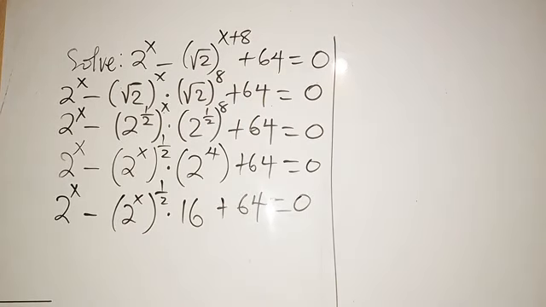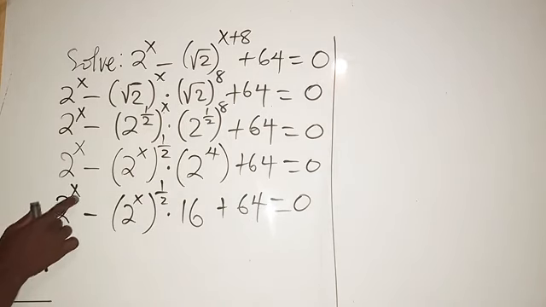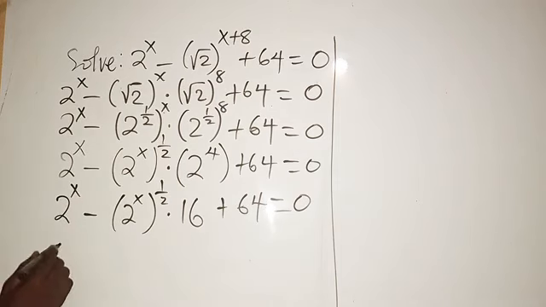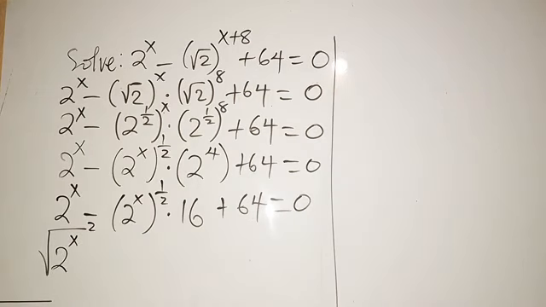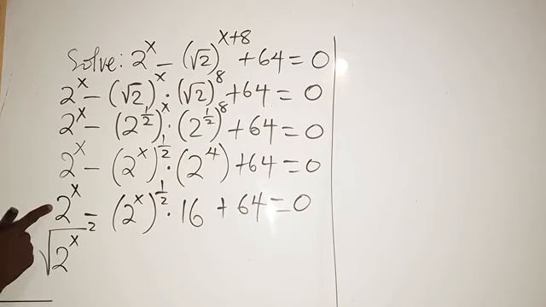Now the next thing we can do is bring this one back to the form root x. I can write this as 2 to power x with the roots like this and I put square. Do you understand now? This squared will cancel this, and this will remain.